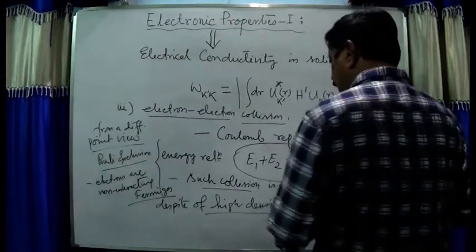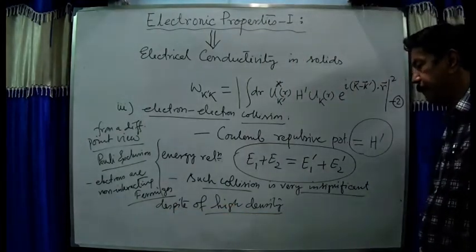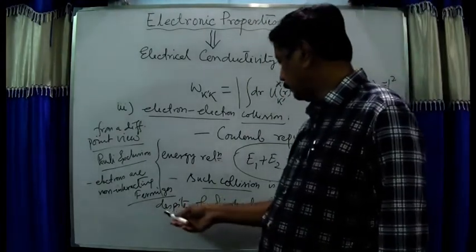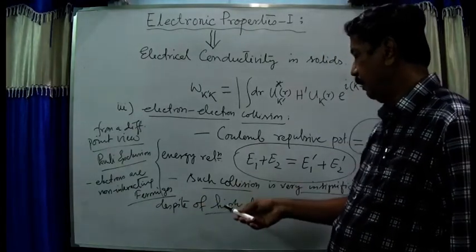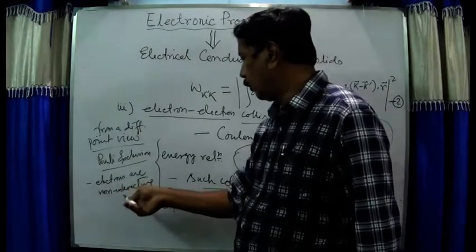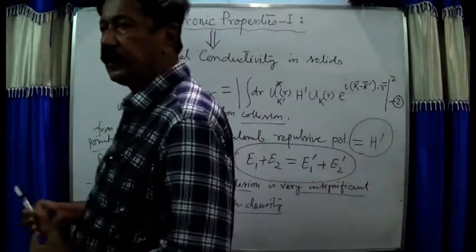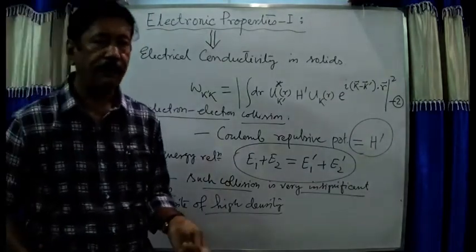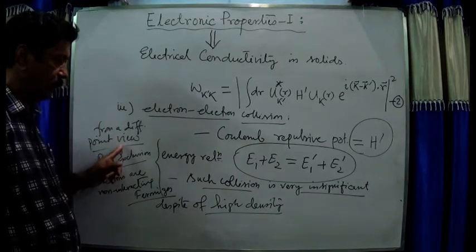We know that in any metal or conductor the free electron density is very high, but still they are non-interacting. Because of this, the electron-electron collision can be neglected. So this is the different point of view.